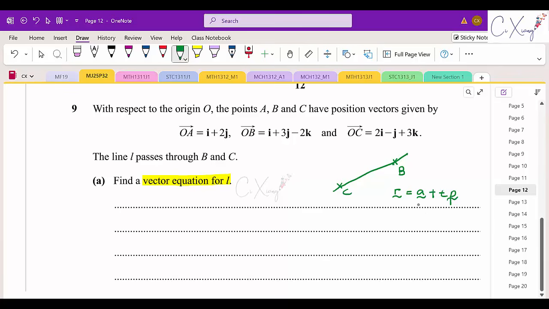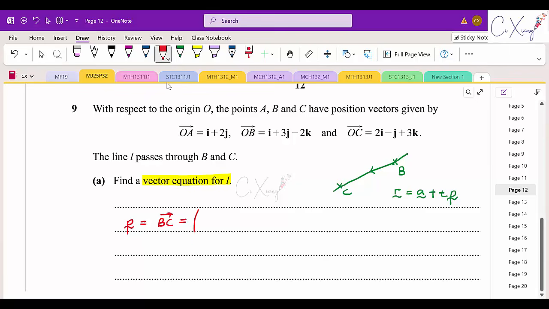For this particular question, I have passing point B and also passing point C, so more than one passing point can be put in the formula. For the direction, you can use either the direction from B to C or from C to B. For me, I need to find out BC first. I'm using BC as the direction of the line, so p equals BC.